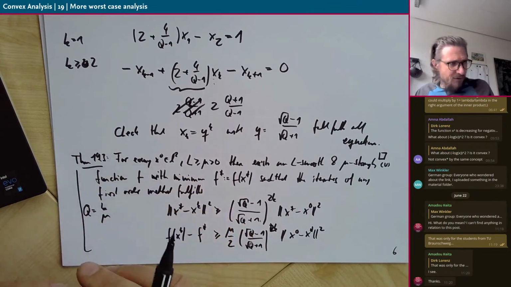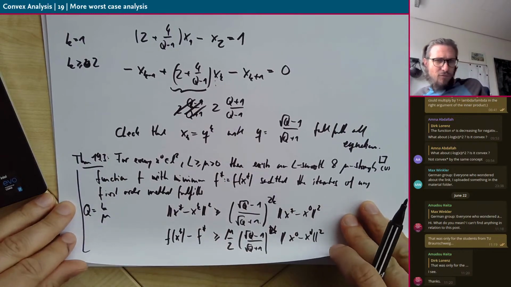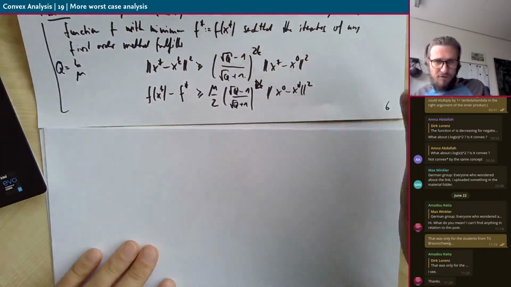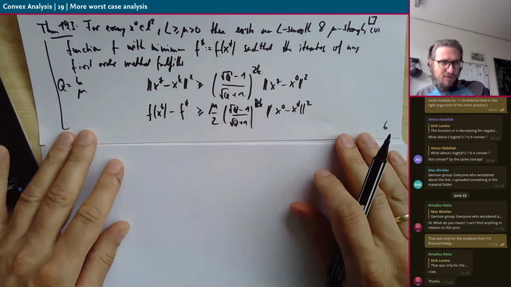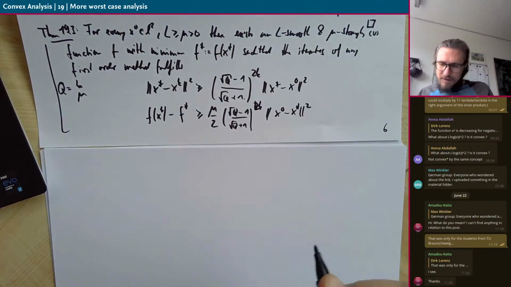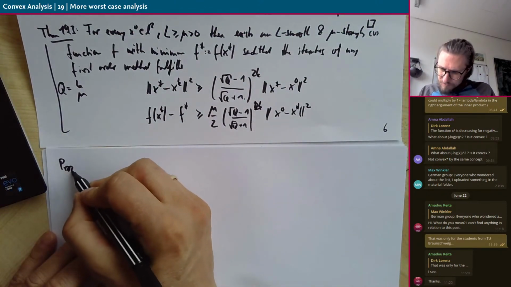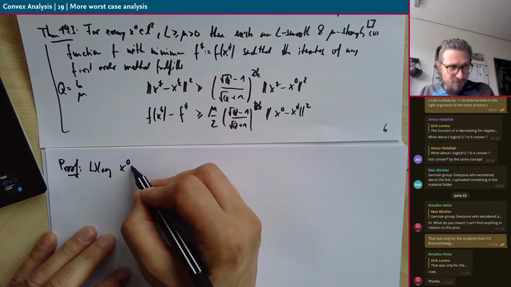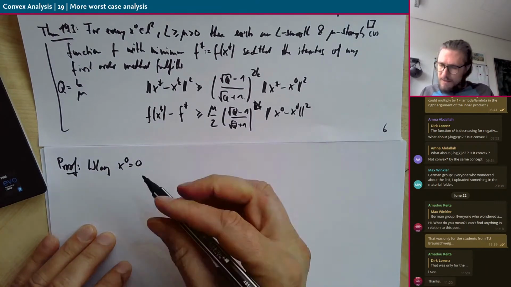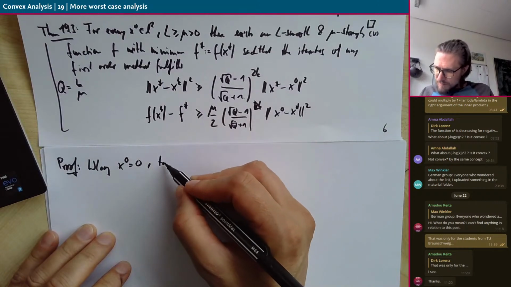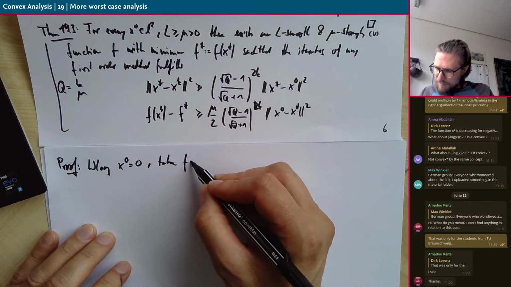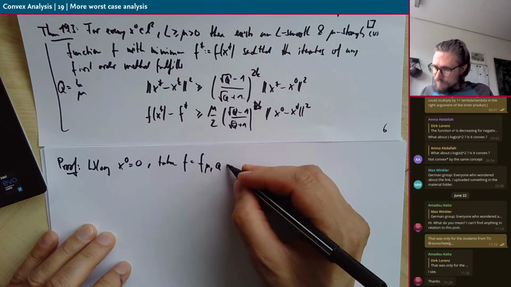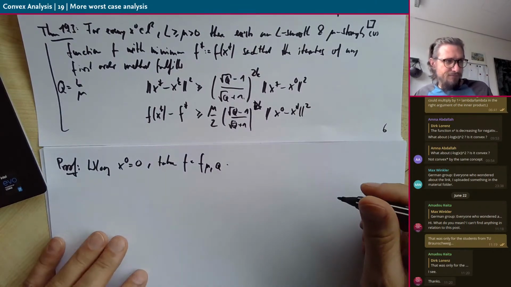Okay, and this is again more or less only calculations, because we did most of them already. So again, without loss of generality, we take x0 to be 0, and also we take this f mu q as before.